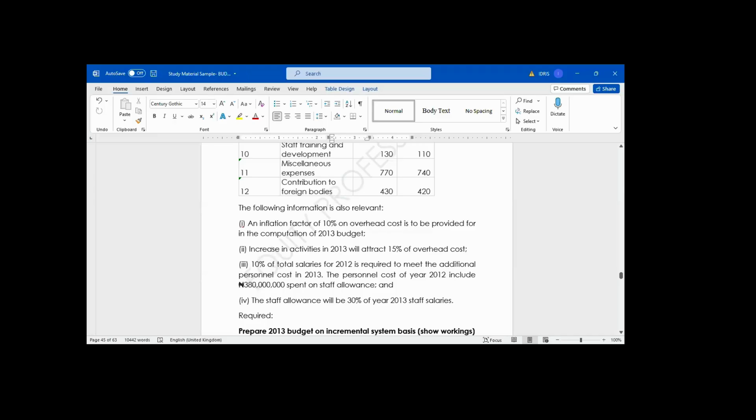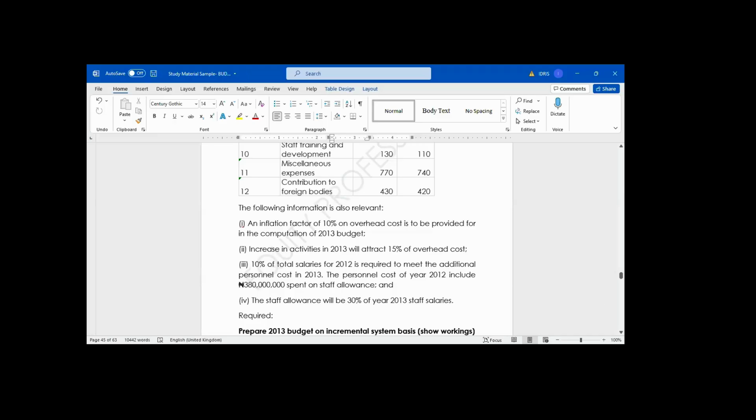The question now goes further by saying personnel costs for the year 2012 include 380 million spent on staff allowance. That means out of that 1,530,000,000, there is a staff allowance of 380 million.